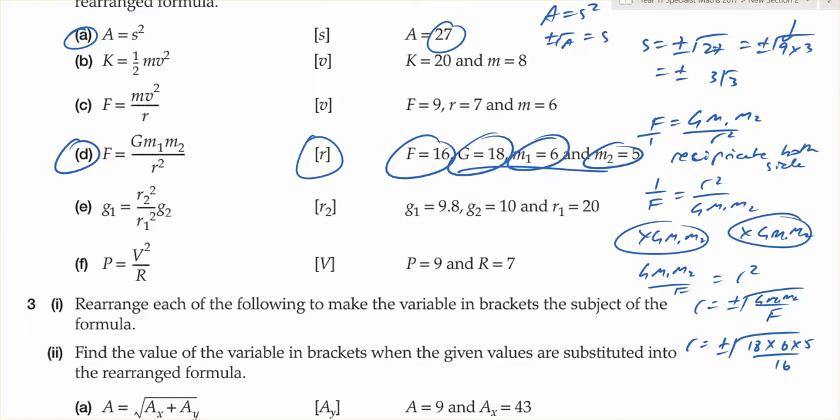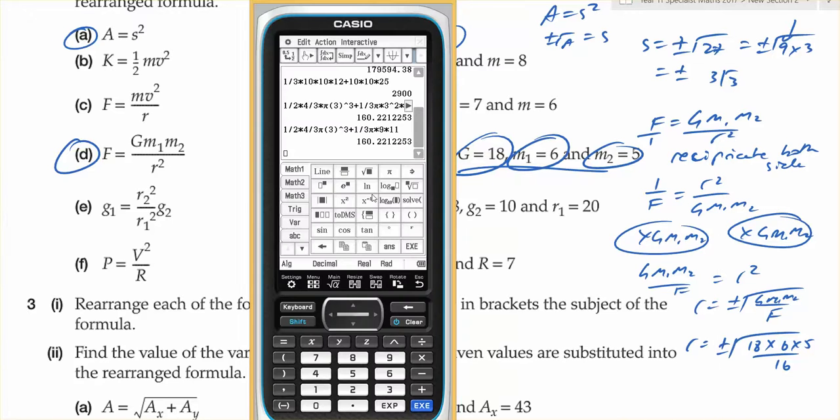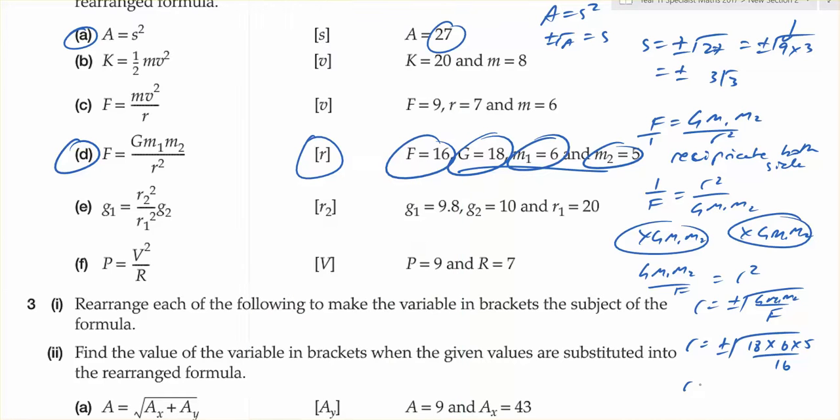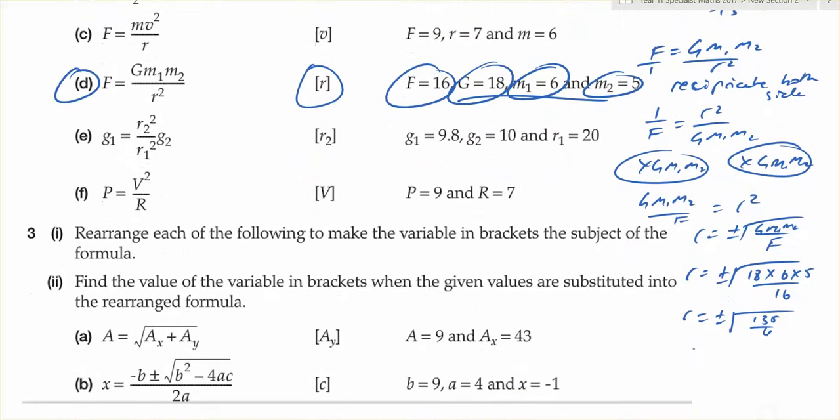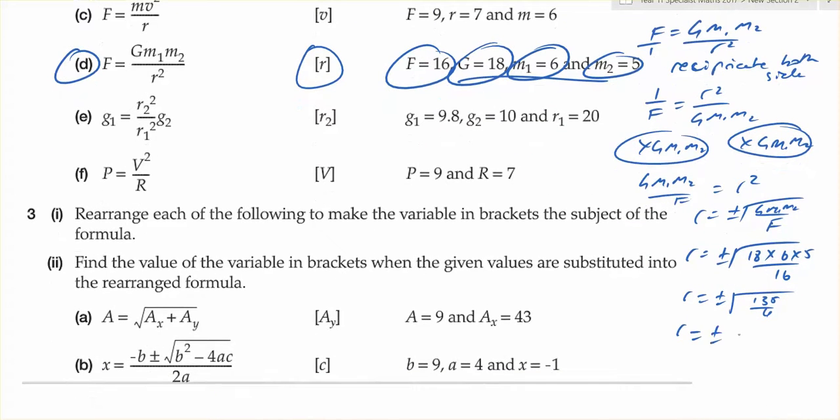Now let's work this out on a calculator, because I don't know what that is. 18 times 6 times 5 divided by 16 is 33.75. Let's work out what the exact value is. So I go standard instead of decimal: 135 on 4. So r equals plus or minus the square root of 135 over 4. That can be rewritten as the square root of 135 over the square root of 4.